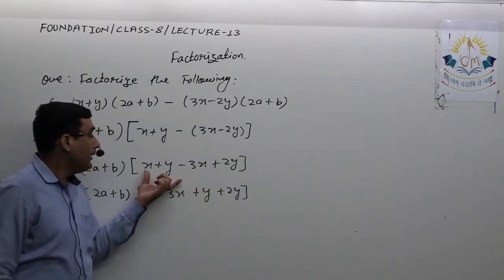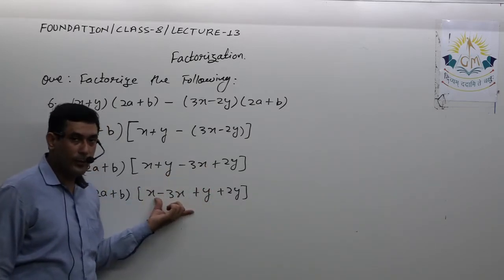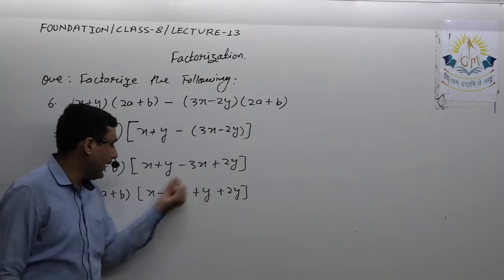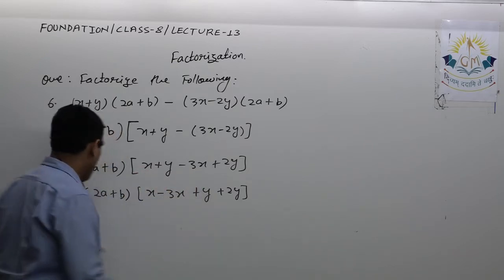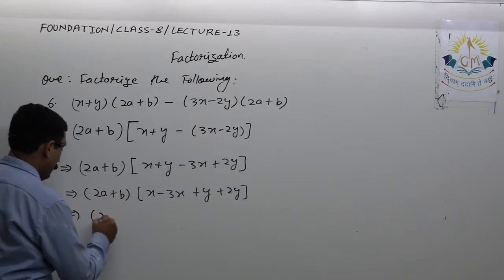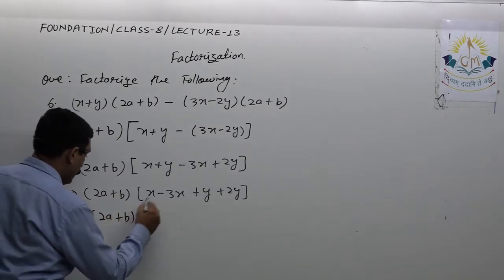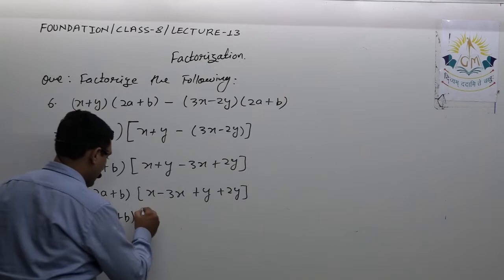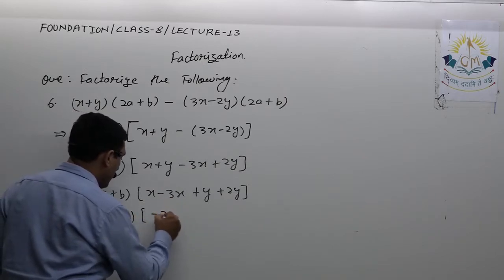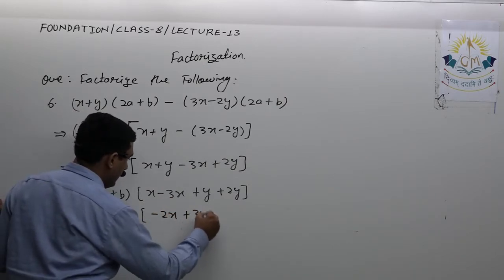But here I am adding one more step for your better understanding. I am writing the like terms together with their sign. Now in the next step, I will perform the addition or the subtraction, whatever is the sign. So x minus 3x is minus 2x, and this is 3y.